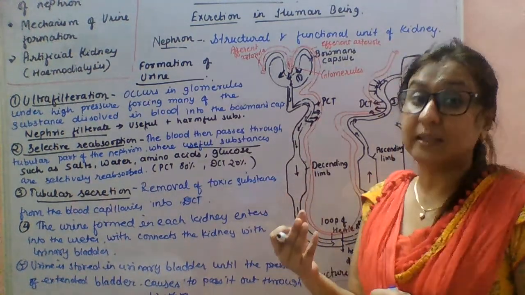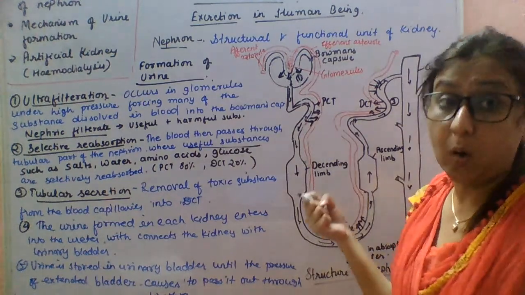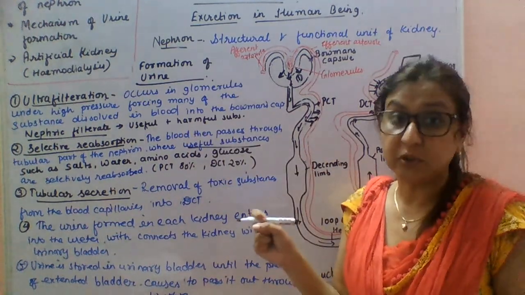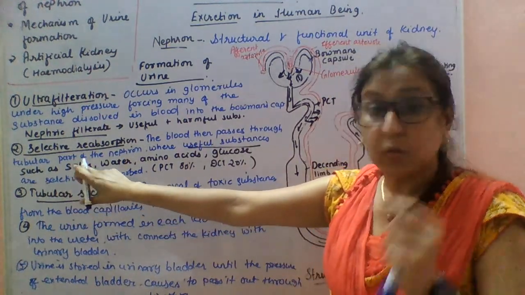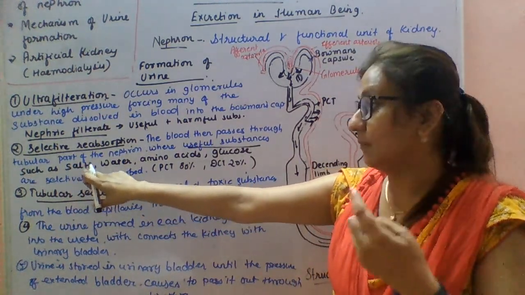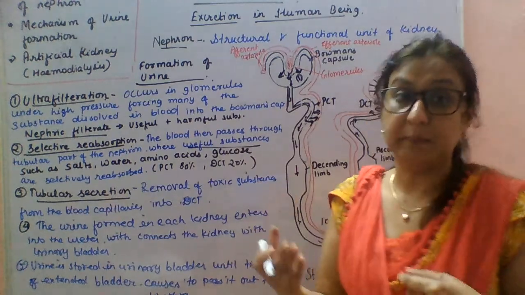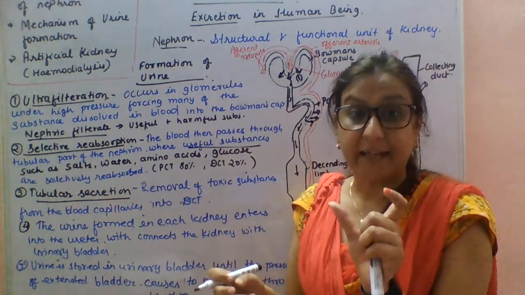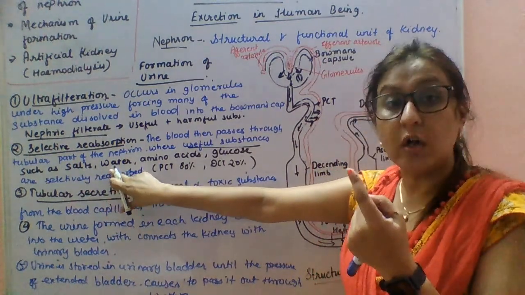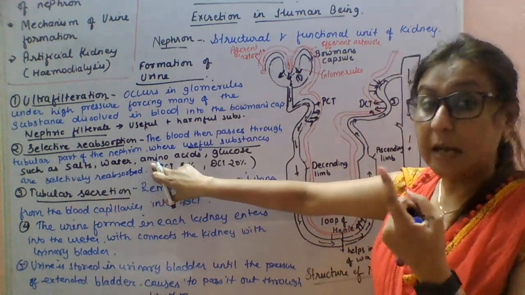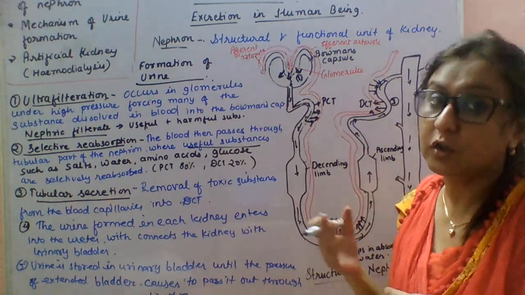What are the useful substances which get absorbed during selective reabsorption? I'm making it easy for you: learn the word SWAG. S for salts, W for water, A for amino acids, and G for glucose.